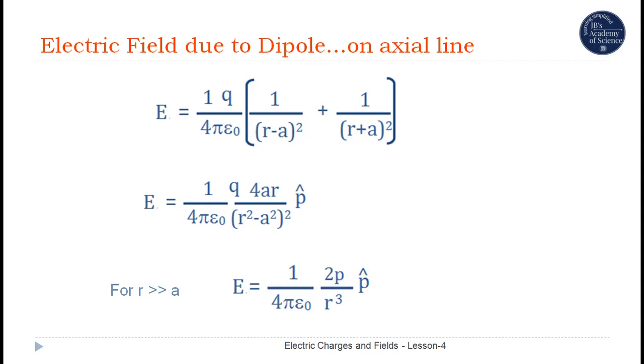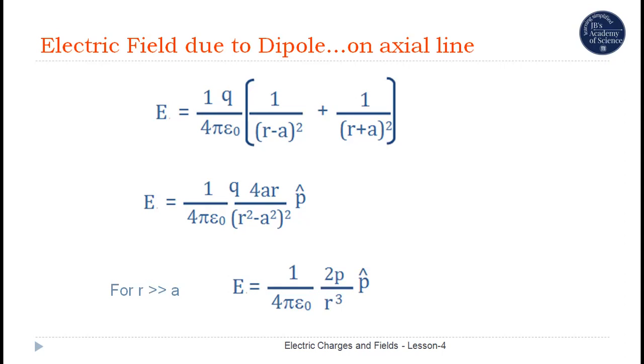Q into 2 into 2A. Then we can write 1 by 4 pi epsilon 0, 2PR divided by (R square minus A square) whole square, into P cap.